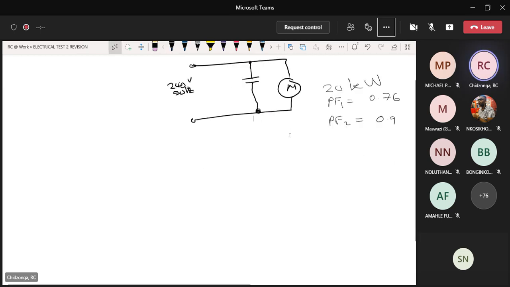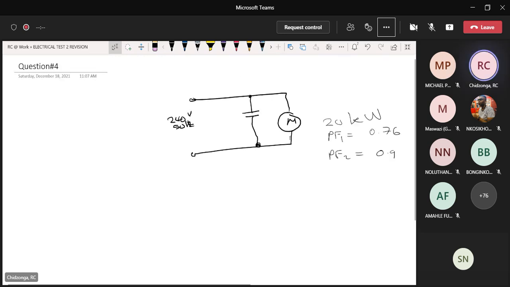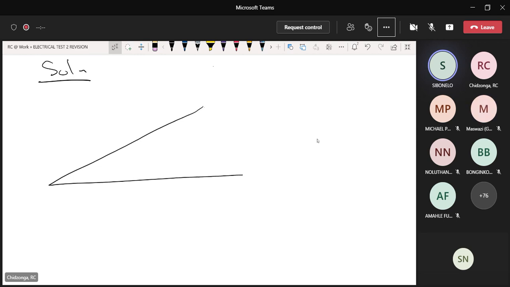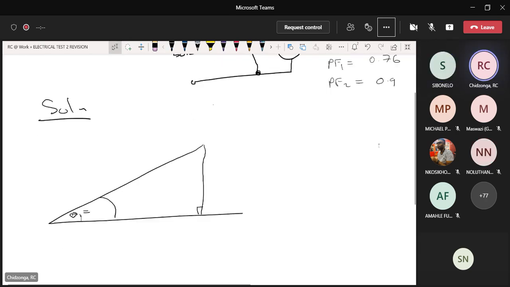So again, you can go back to first principles. The case is given, you draw your power triangle, right? The first angle, which we call theta 1, is equal to arc cosine 0.76.